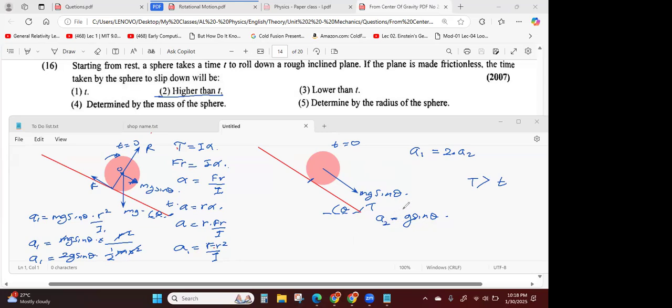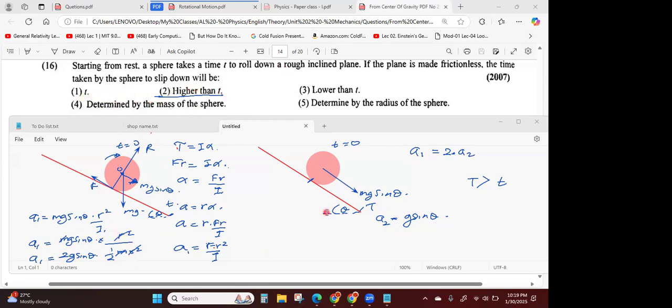Is that clear? Okay. By the way, here you can see the accelerations are independent of the mass and also independent of the radius.